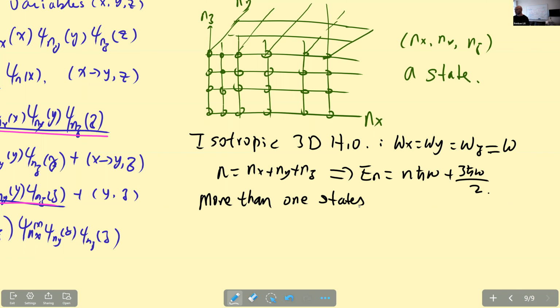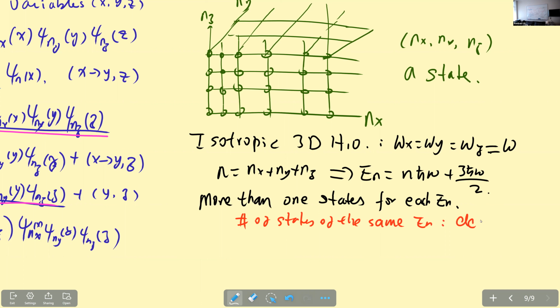There are more than one state for each E_N. We call the number of states of the same E_N the degeneracy. So that means the states are different, but the energies are the same.